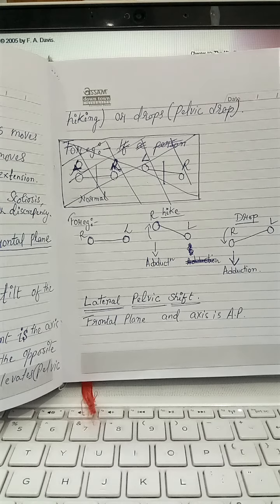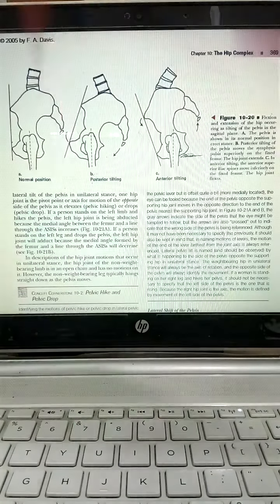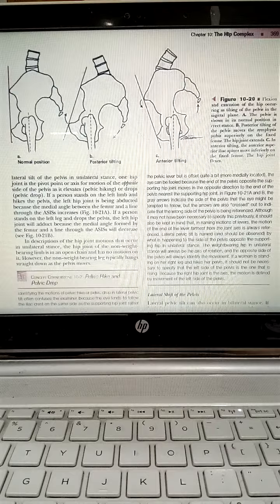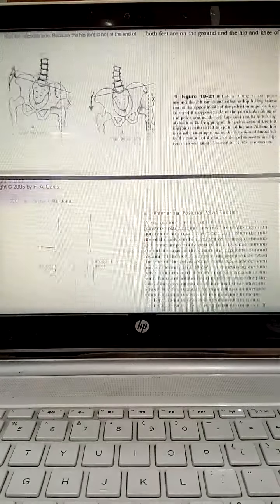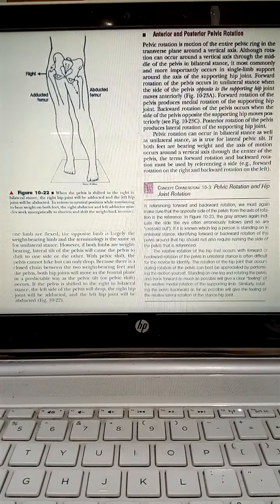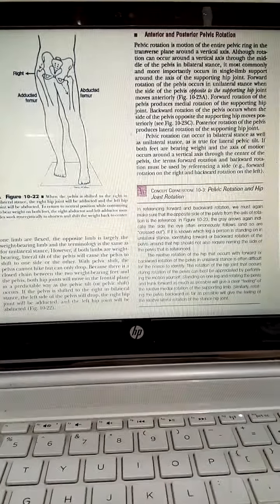Okay, now this lateral pelvic shift occurs in bilateral stance. Let me explain with this diagram. This is the diagram for lateral pelvic shift.